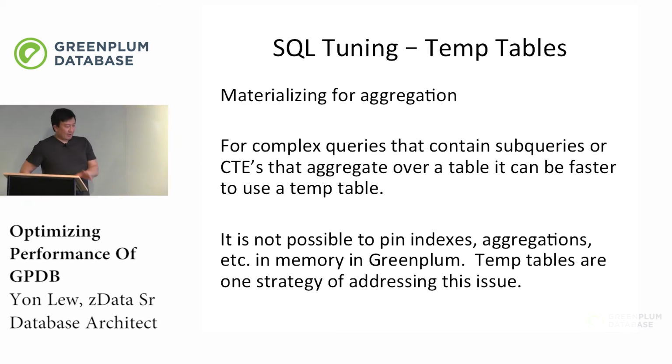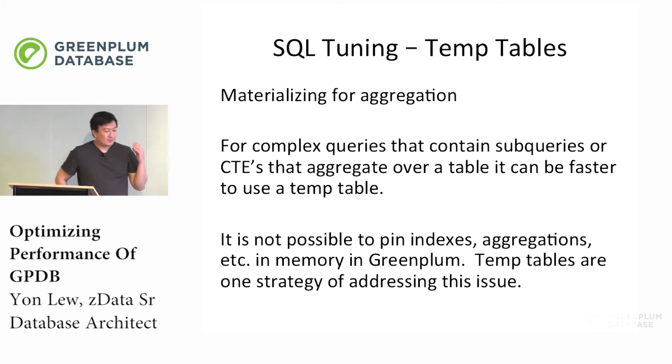So one issue is that in Greenplum, you cannot pin indexes or aggregations in memory. In something like Oracle, you can. We really don't care about keeping table blocks in cache in Oracle. What's important is to get the index and move that into cache. You don't necessarily have that option in Greenplum, but creating a temp table based on an aggregation is one strategy for getting around that.